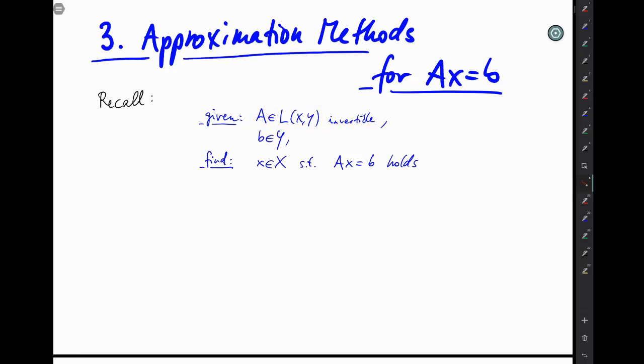The other thing that is given is the right-hand side b, and that is just an arbitrary element of Y. Could be anything from Y. And of course, the aim is to find this solution x, such that the equation holds.